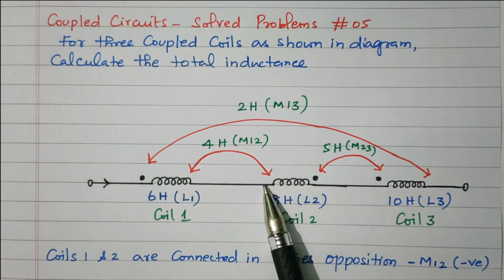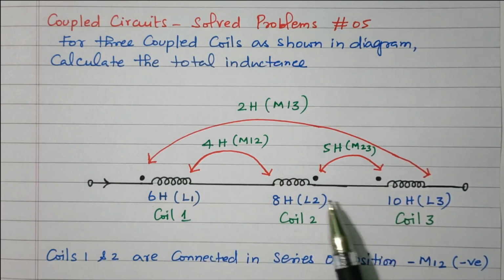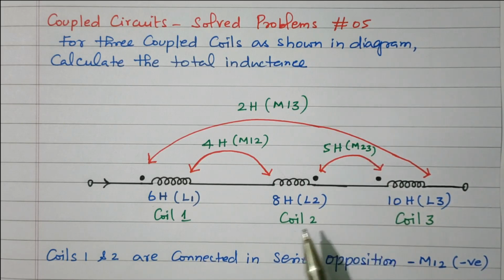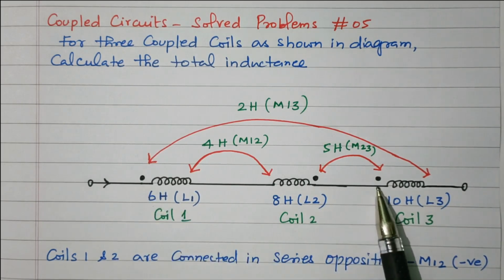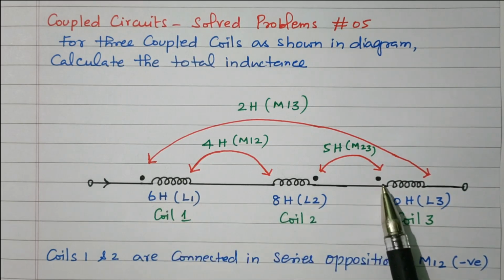Here the current enters the undotted end, but here the current enters the dotted end, third coil. So these two also oppose, right? M23 is also negative, opposing. Then coil 1 and 3. See that the current enters at the dotted end in coil 1. Here also the current enters at the dotted end. Both currents enter at the dotted end.